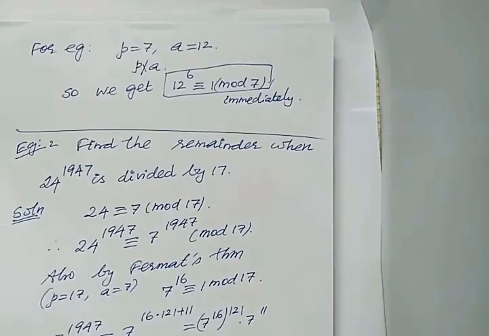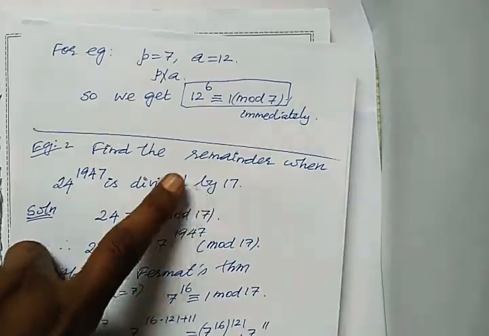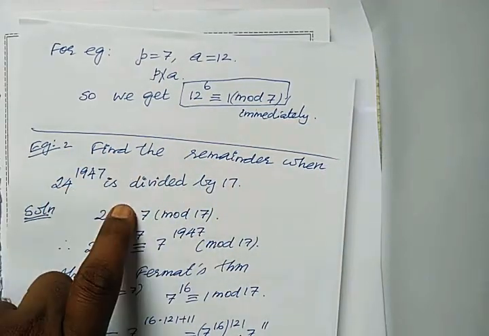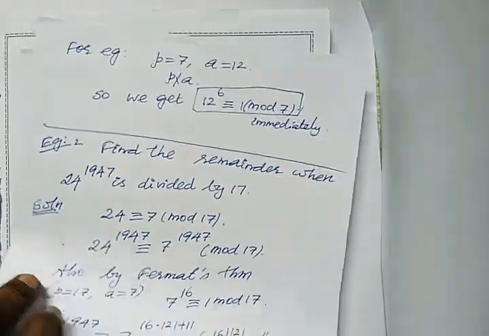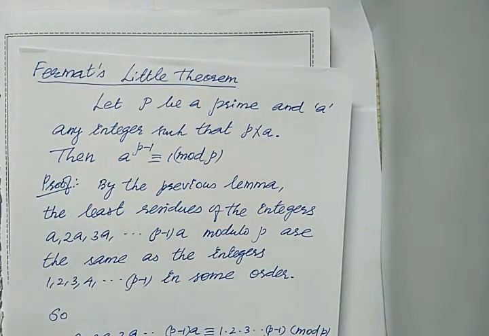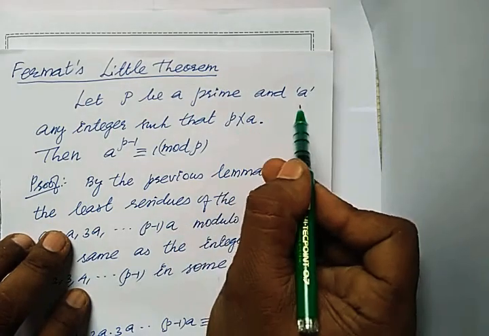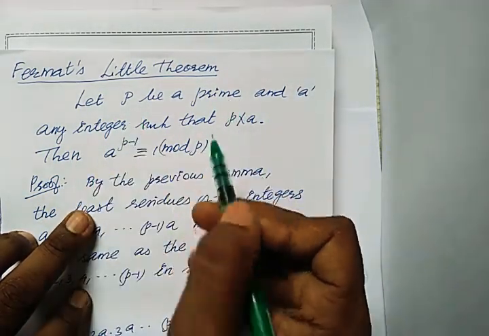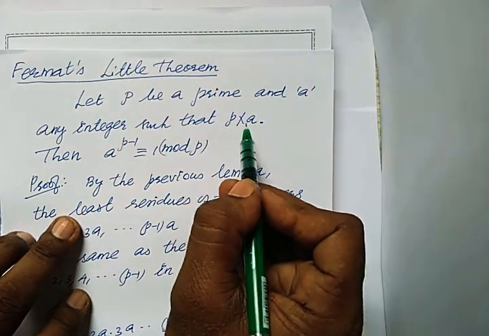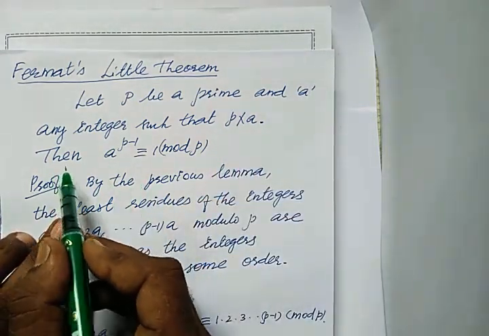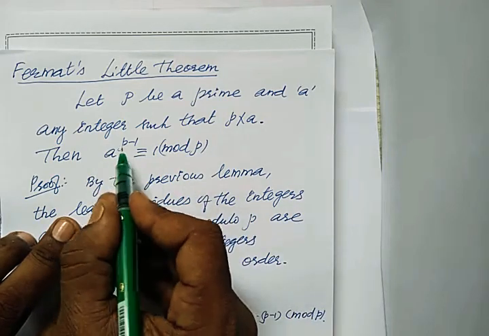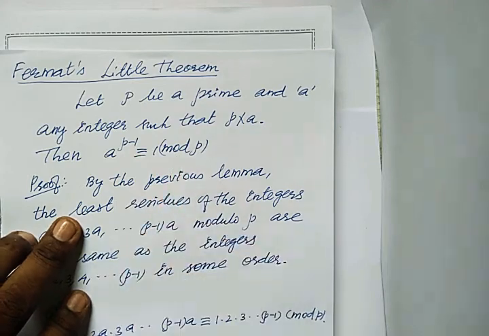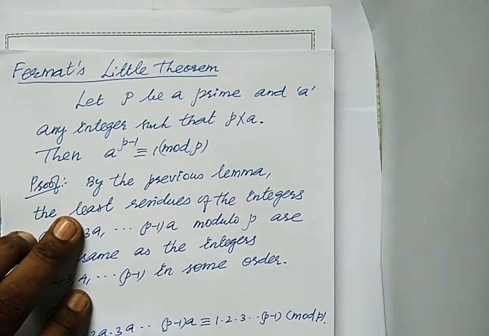It is used to solve some problems very easily. For example, if such problems are given, find the remainder when this is divided by this number. This is a powerful theorem, because A can be any integer and P a prime number. If P doesn't divide A, then immediately we can write A to the power P minus 1 is congruent to 1 modulo P. It's so immediate.